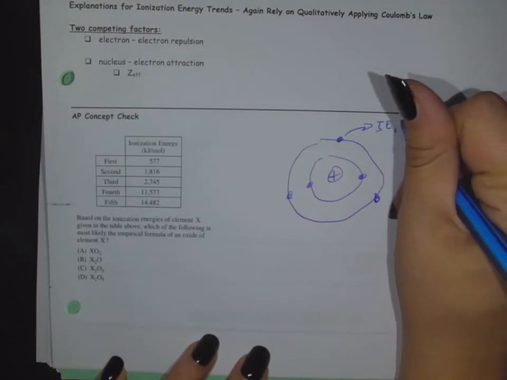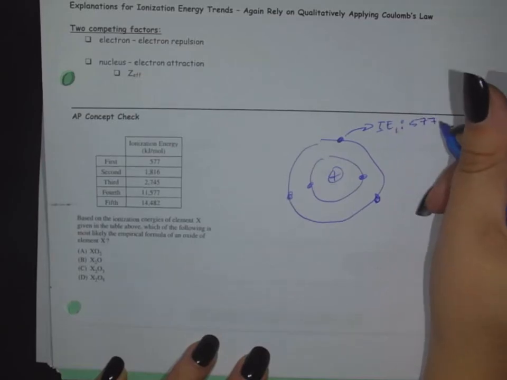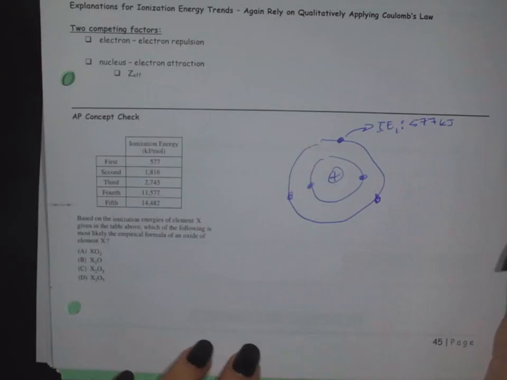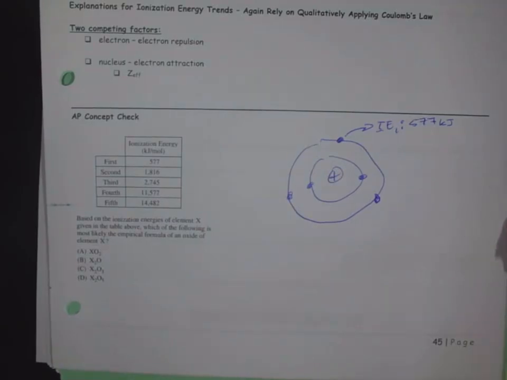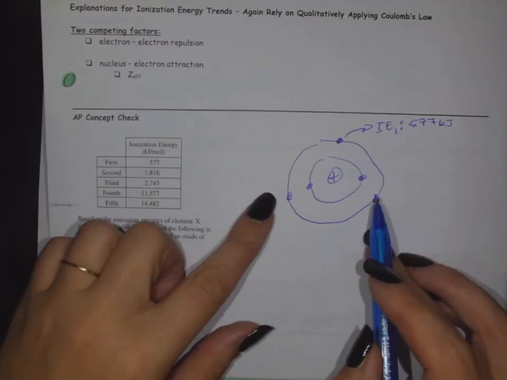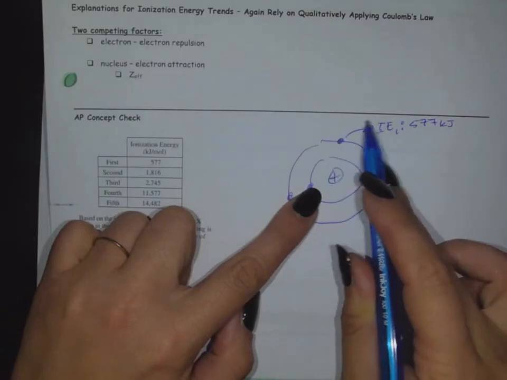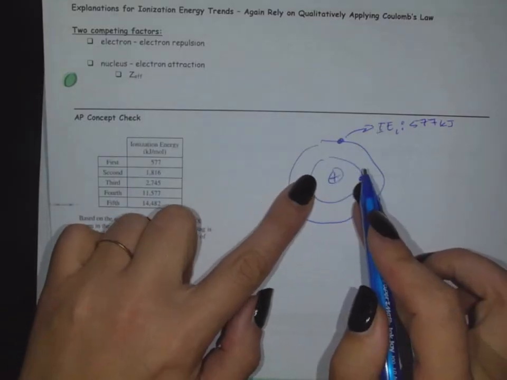this is ionization energy 1. And for this atom, apparently that was 577 kilojoules of energy to do this to a mole of these atoms. That's why we have per mole. We know that when we remove an electron, the entire radius gets smaller. So imagine that these electrons, after that's removed, pull in a little bit tighter.